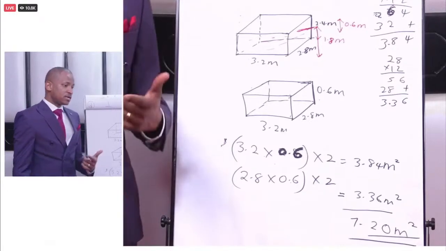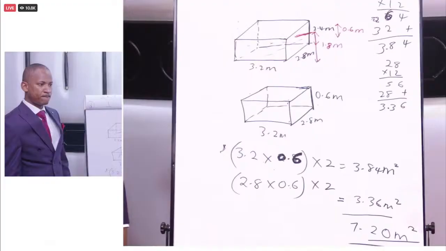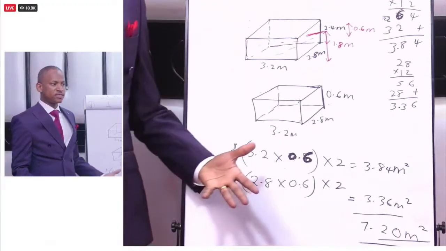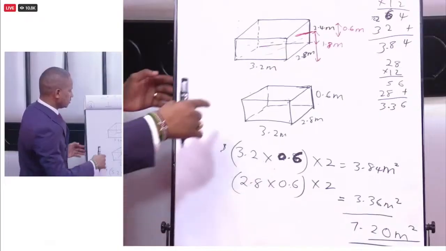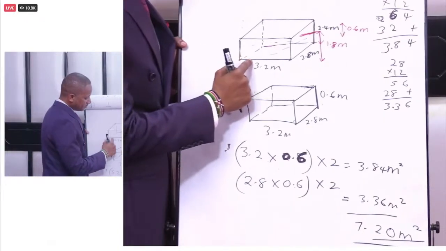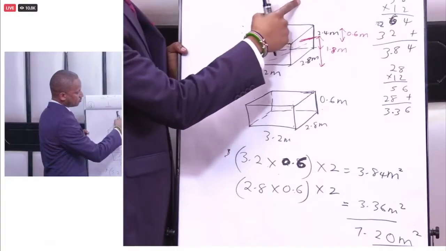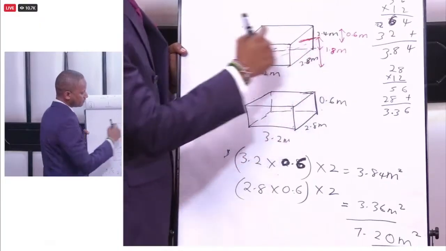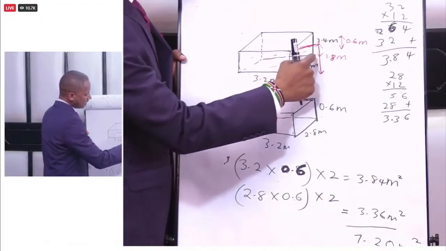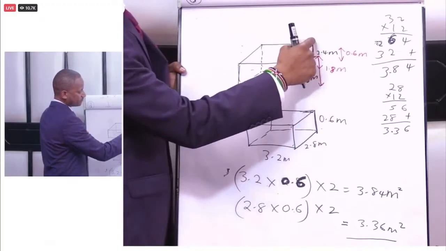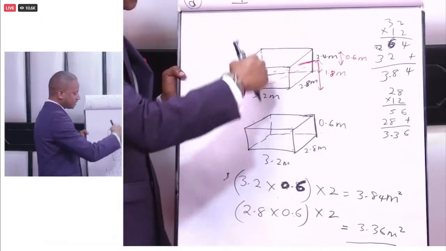Very good. The question can also tell you if this tank was full, which is the area that is in contact with water, full and closed. Therefore, you could have done 3.2 times the total height touching water, in this case 2.4, times 2, plus 2.8 times 2.4 times 2, because it is this side and the other side.